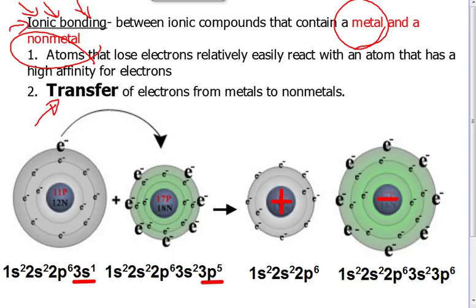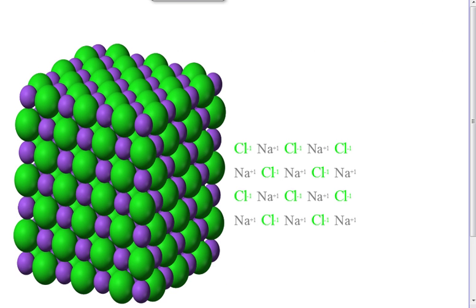When we do these reactions with ionic bonds, I want to make it clear it is never one atom and one atom. It is actually hundreds and hundreds of atoms. Salt or sodium chloride is never 1 and 1. That's the ratio of sodium to chlorine. For every sodium ion, there is a chlorine ion.